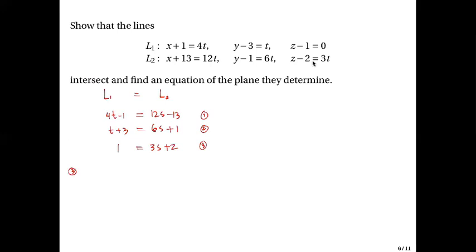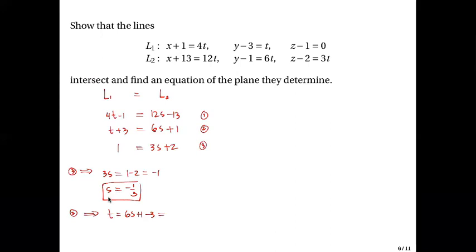So from equation 3, we can easily get s. We have 3s equals 1 minus 2, which is negative 1. So s equals negative 1/3. So we can use now equation 2. We substitute s. From equation 2, we have t equals 6s plus 1 minus 3.